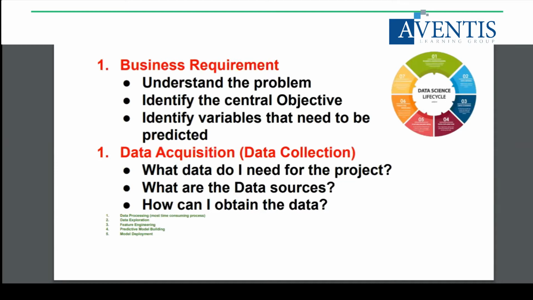For example, for detection, it may be some image related detection. For business related, maybe some other kind of parameters. So different fields, different problems, different things we need to understand, and then we need to dig more. So that is the business requirement, or asking an important question.